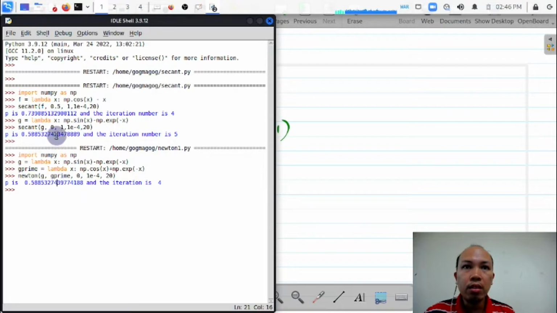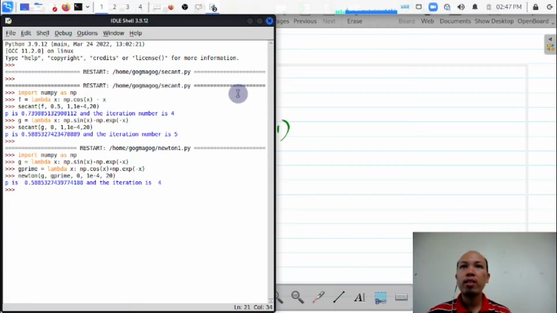So this point. So correct up to 1, 2, 3, 4, 5, 6, 7, 8 decimal places, but the iteration is 4 for Newton's method and 5 for the secant method.